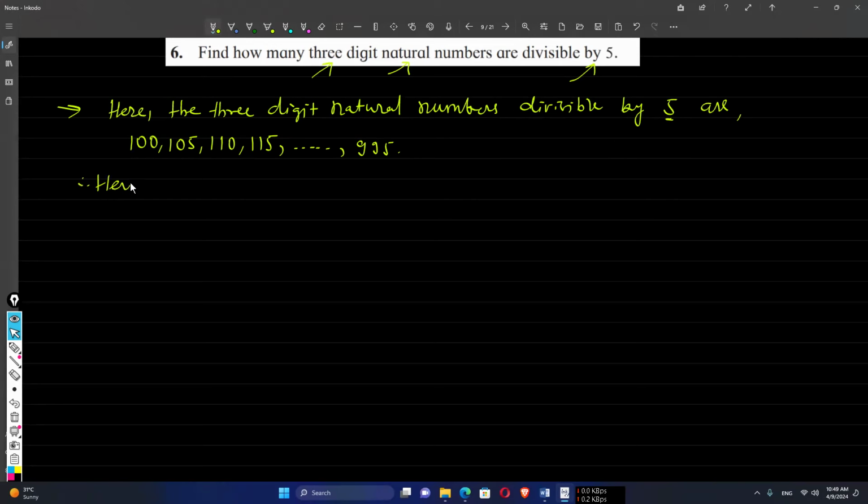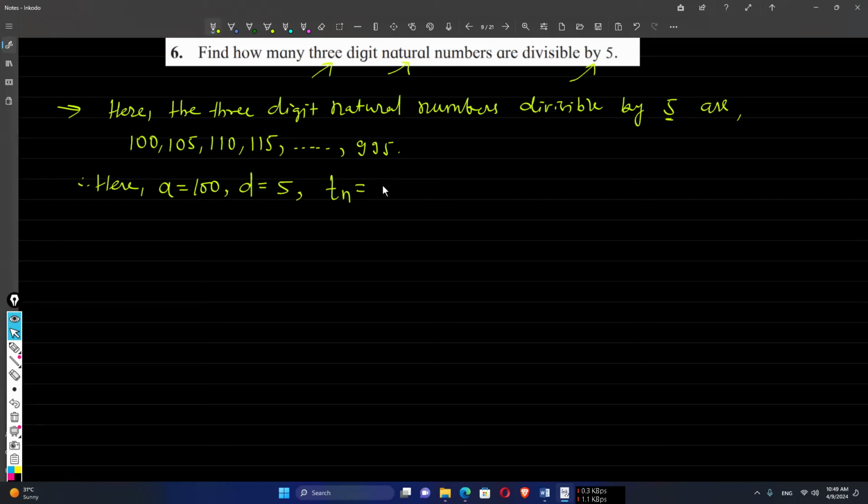Therefore, here A means the first term is 100, then D, which is of course the common difference, is 5, and the last term. Sometimes Tn is treated as the last number if the given arithmetic progression is a finite progression.